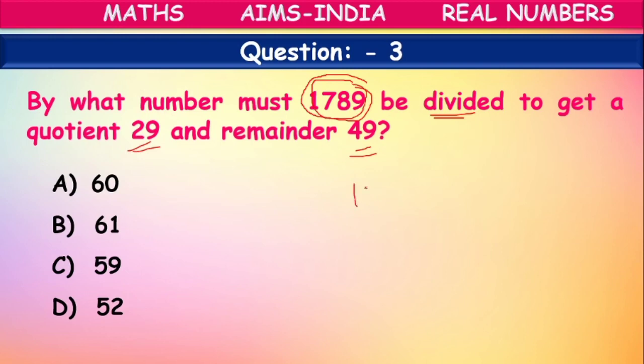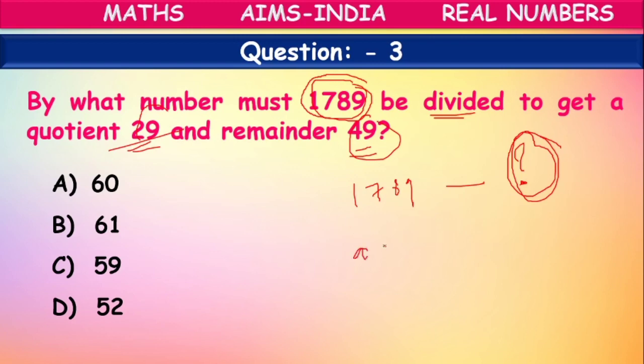We are dividing the number 1789, but they are asking by what number. So the dividend we know, the divisor we have to find, such that the quotient will be 29 and the remainder will be 49.